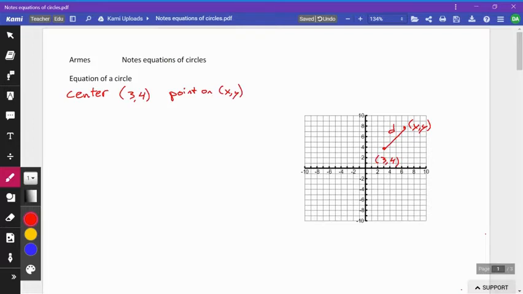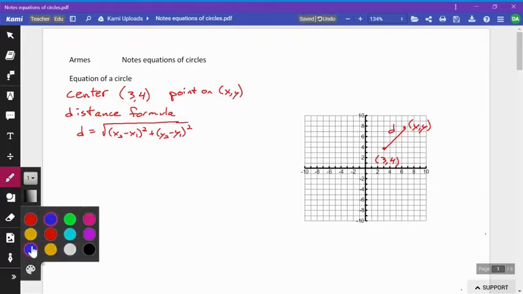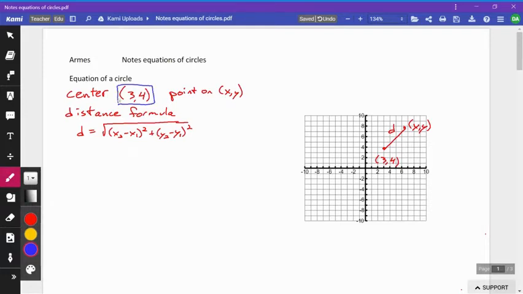Now, basically, I need to use the distance formula, which in this case is d equals the square root of x2 minus x1 squared plus y2 minus y1 squared. So if I'm plugging these points in, I have the center and I have this one right here.